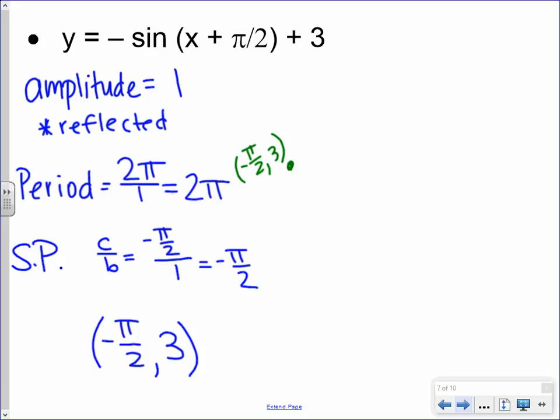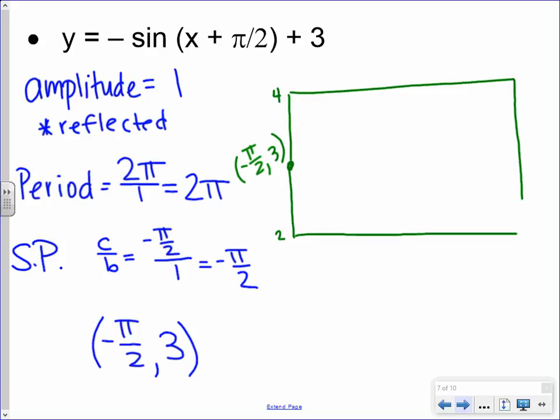Okay. Since our amplitude is 1, we will draw up 1 to 4 and down 1 to 2. So this frame is going to stretch from y equals 2 to y equals 4. Then we will draw over the length of the period.